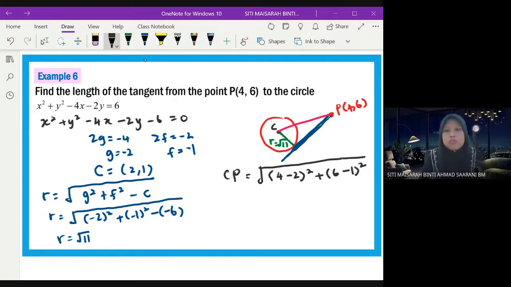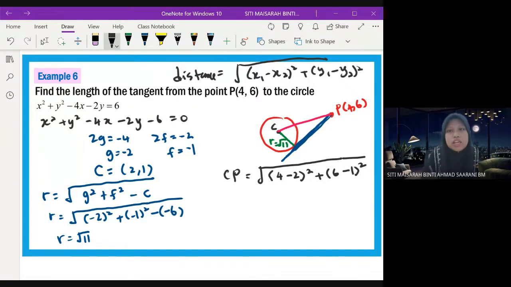So ini guna formula distance, square root x1 minus x2 square plus y1 minus y2 square. Okay. So then CP kita dapat square root 29.